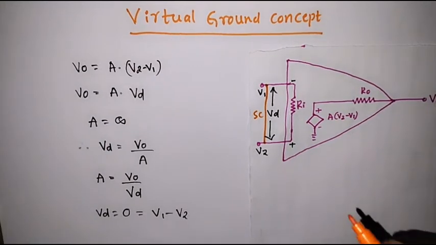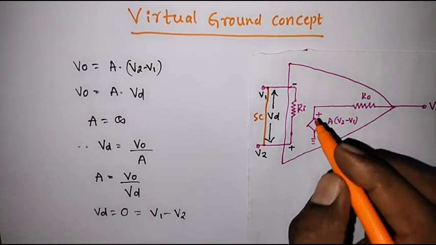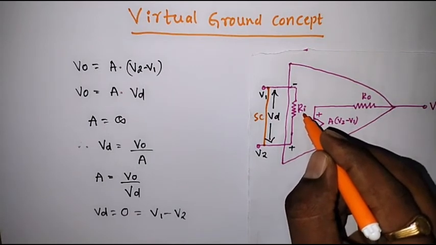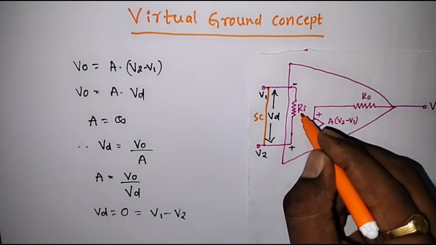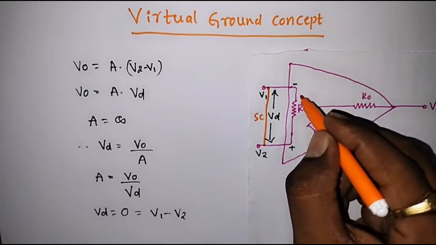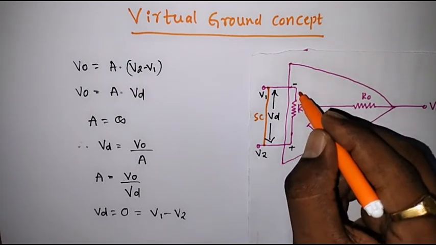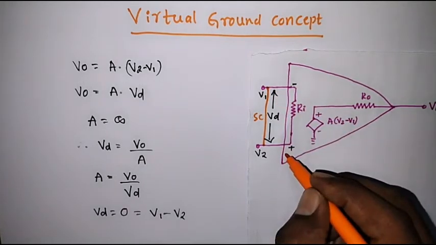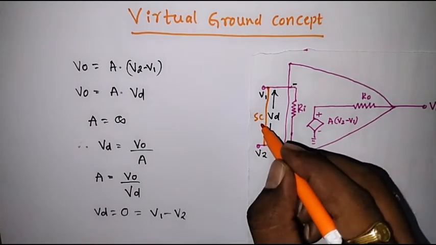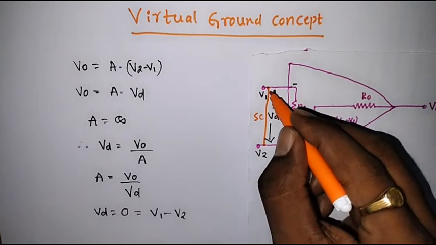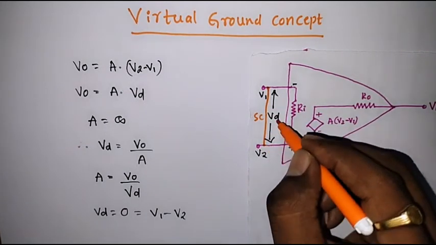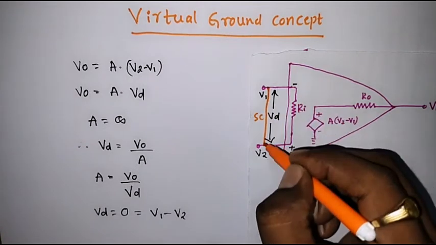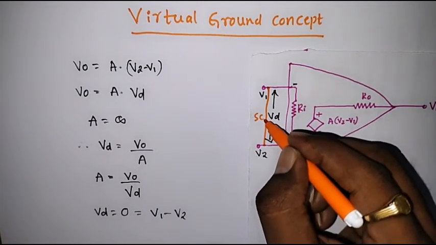In another way, we said that the input impedance of operational amplifier is infinity. If Ri is infinity, then it does not allow any current to flow from one terminal to another terminal. But in this case, as I said, these two terminals are shorted because Vd is 0. If this path is shorted, then it is a zero-resistance path.